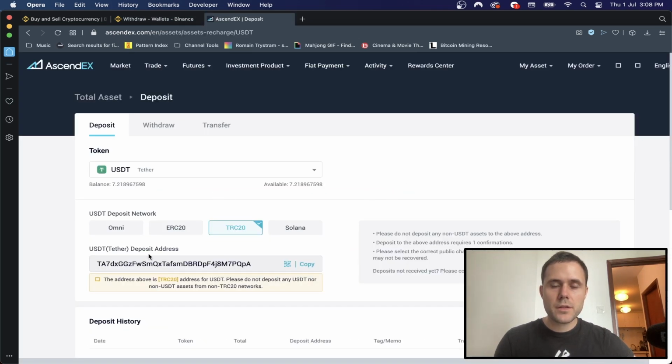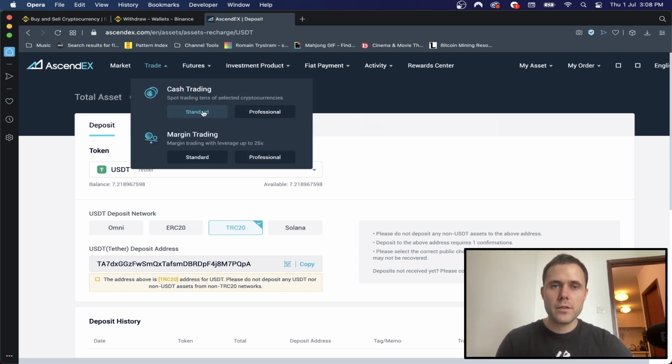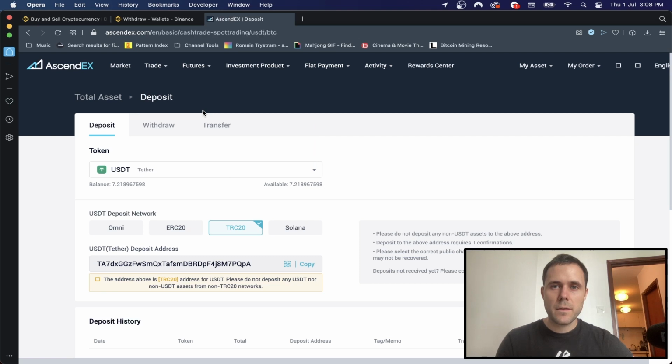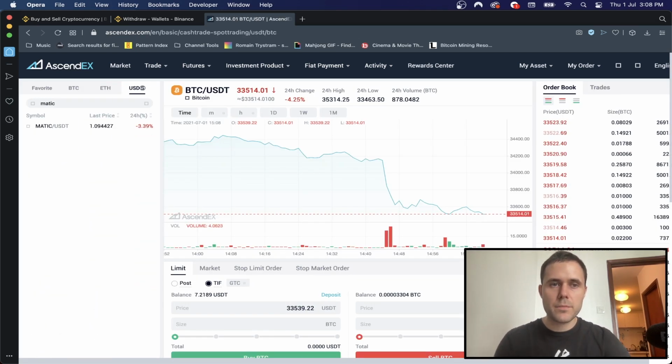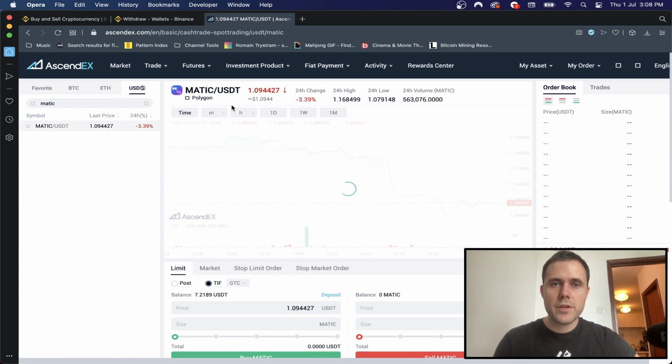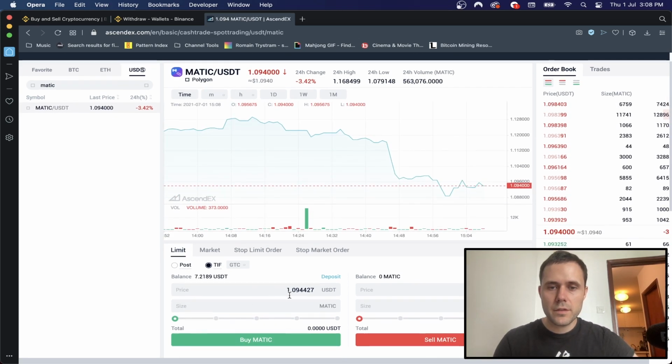Then obviously you'll need to deposit, and double check that you're using the right network, the Tron network. Then what you will need to do is come onto trade, standard. Then come into the search bar here, search Matic and trade your Matic for USDT.